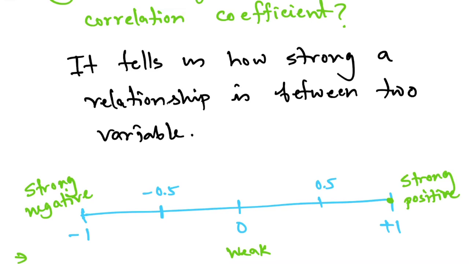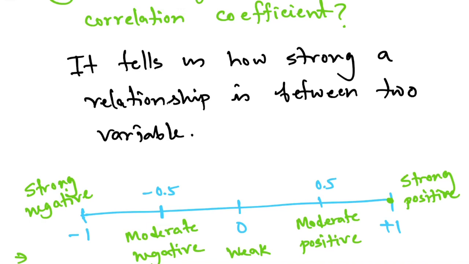If it is equal to or around +0.5, it's going to be moderate positive. If it's -0.5 or close to -0.5, for example -0.4, -0.6, it will be called moderate negative.